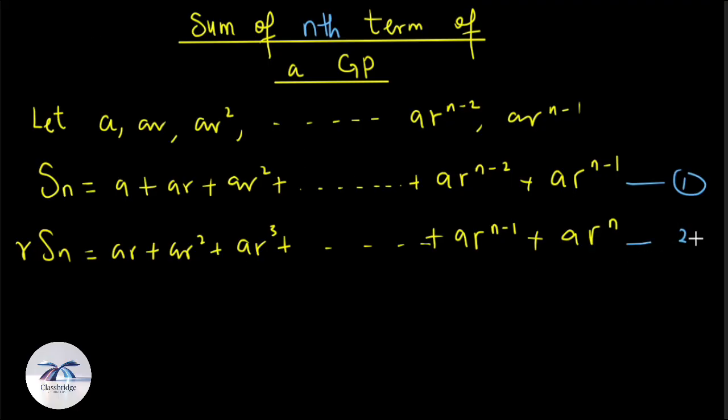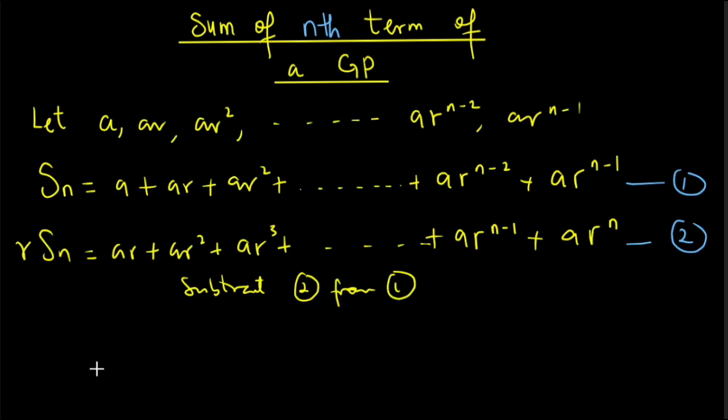Call this equation 2. Now we are to carry out a simple operation: subtract equation 2 from equation 1. That means subtracting R Sn from Sn. What will the result look like?